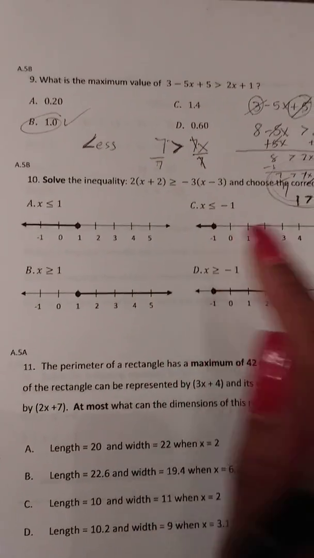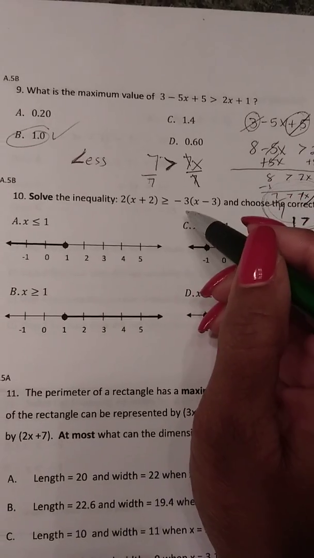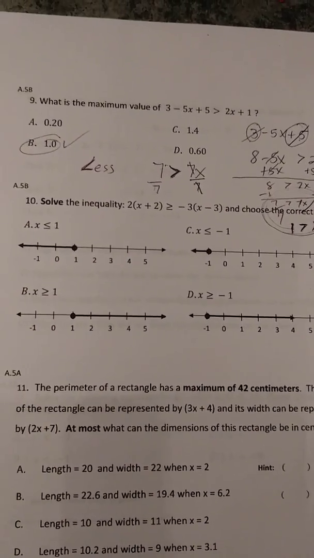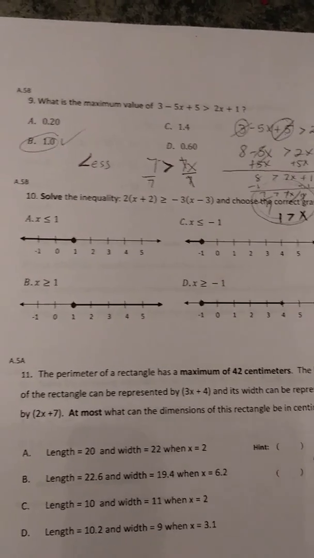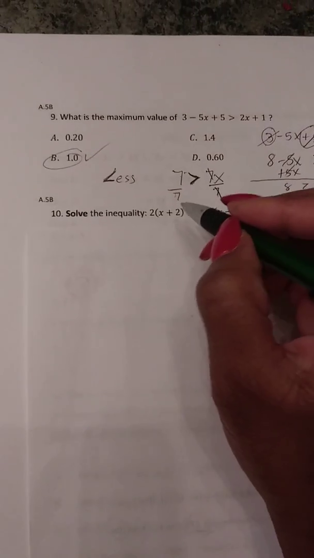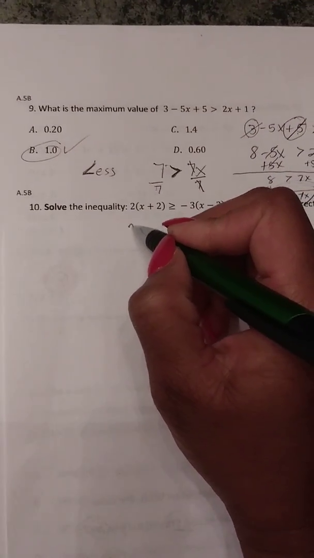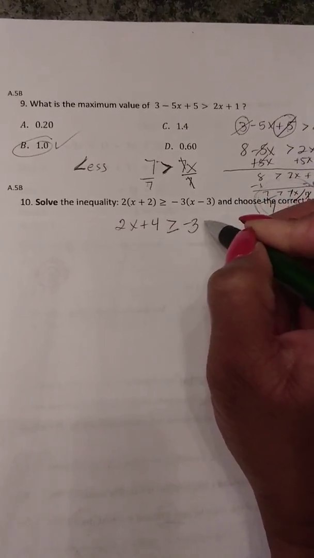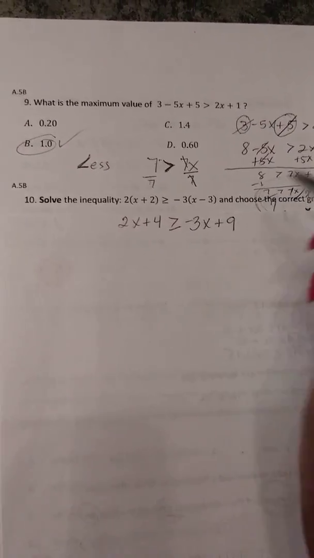Number 10. You can solve number 10 just like number 9, except you have to distribute. So let me put some extra paper down and solve on the back. 2x plus 4 greater than or equal to negative 3x plus 9.